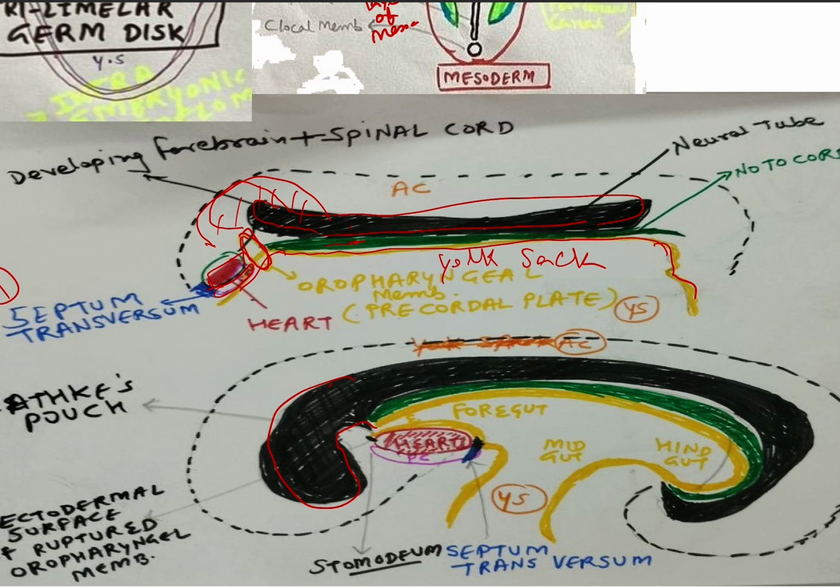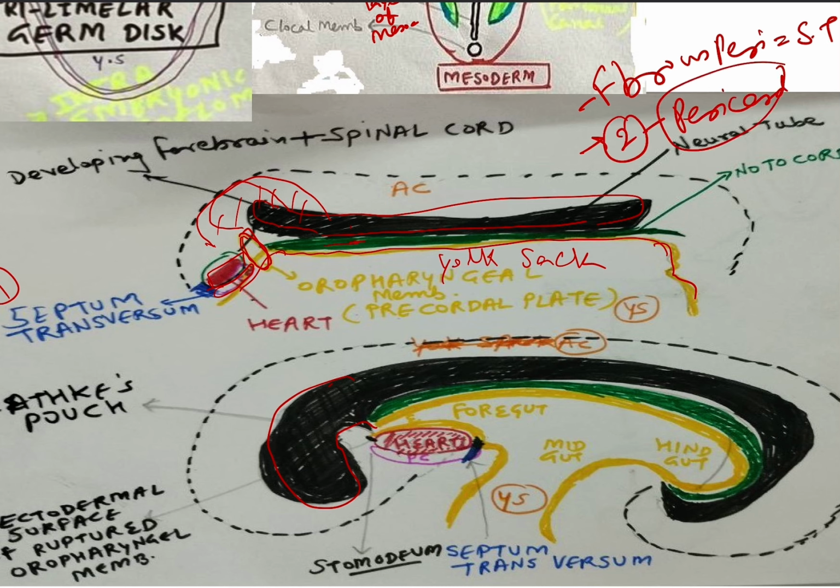What are these three coverings? Fibrous pericardium, outermost, which is formed through the septum transversum. The second covering is the pericardial cavity, which has two parts. Parietal pericardium is the outer layer formed through the somatopleural layer, and the inner layer is splanchnopleural mesoderm, which is known as visceral pericardium.